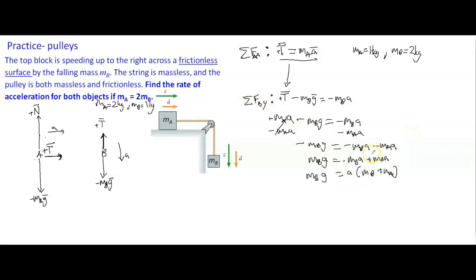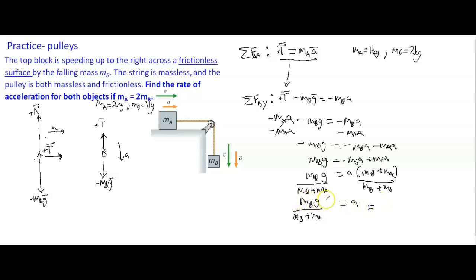Let's go ahead and divide both sides by MB plus MA. And what I get is acceleration is equal to mass B times g over mass B plus mass A.